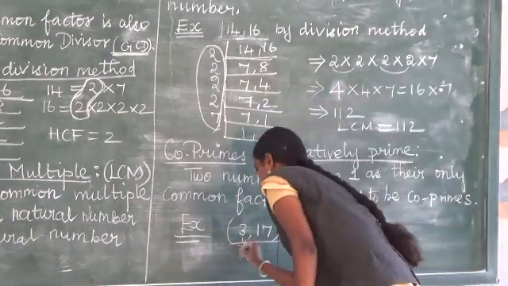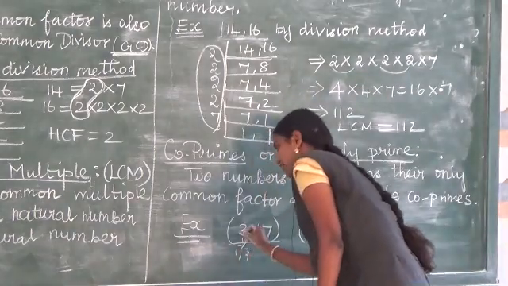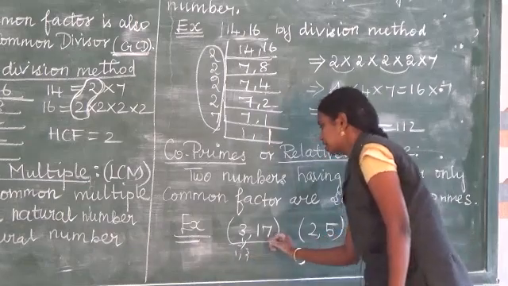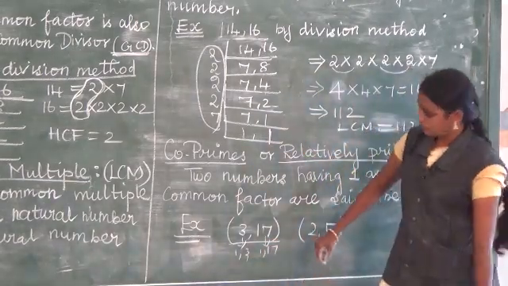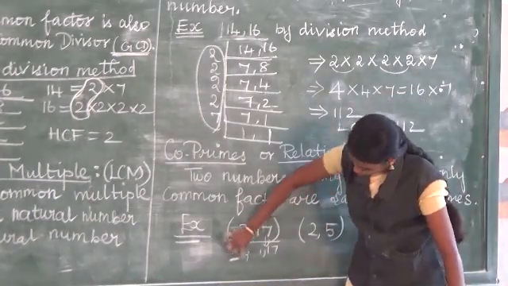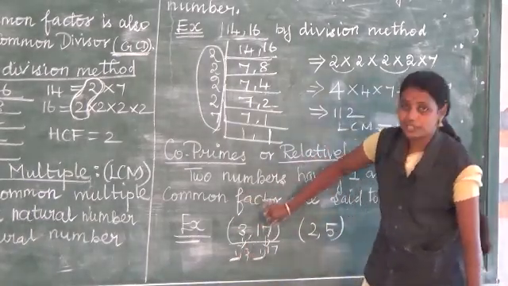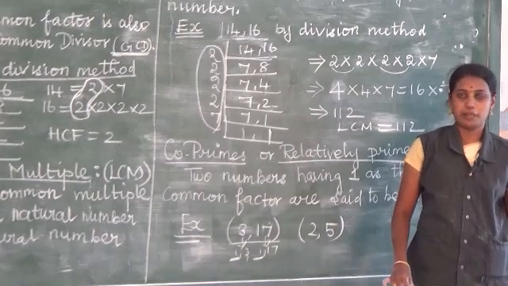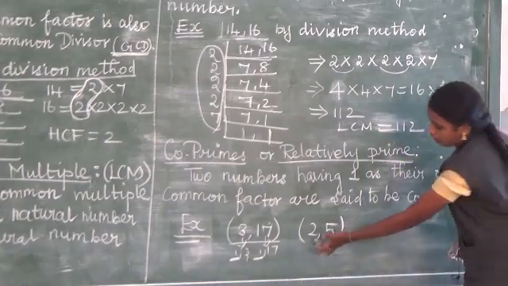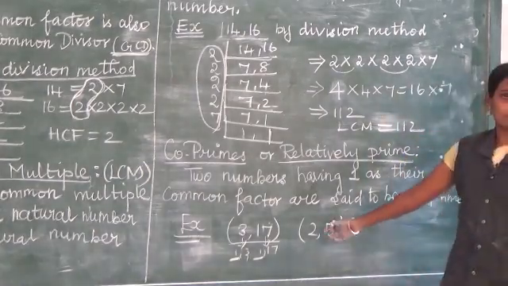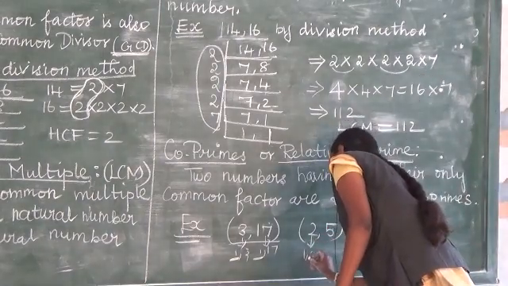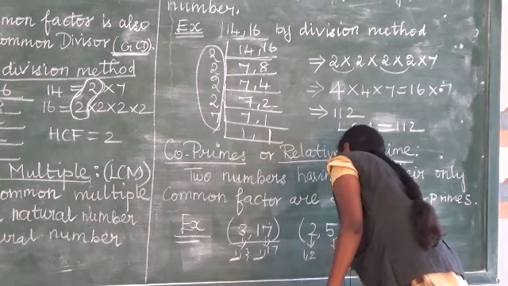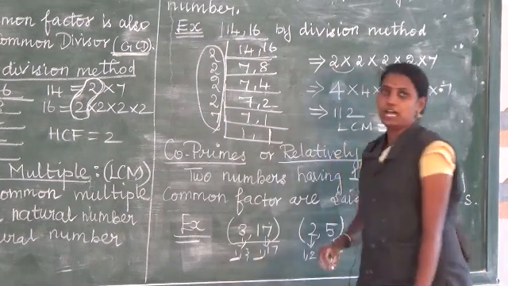Let me explain with one example. The factors of 3 are 1 and 3. The factors of 17 are 1 and 17. The common factor of these numbers is 1, so you can say these two numbers are co-prime. Likewise 2 and 5: the factors of 2 are 1 and 2, the factors of 5 are 1 and 5.